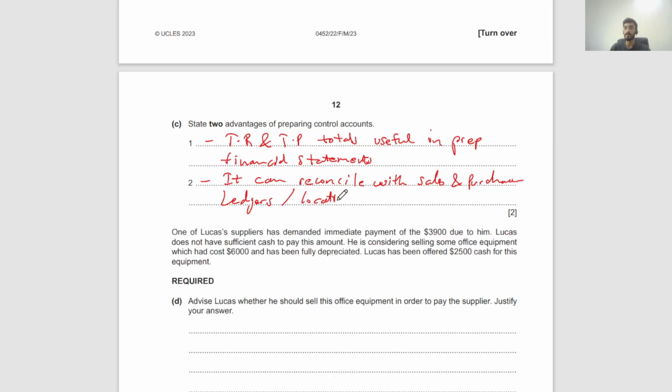Helps in locating errors. I'm just giving you the keywords here. Of course, you can look up your book again, see what's written there for advantages of preparing control accounts.